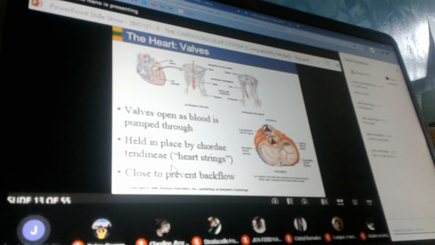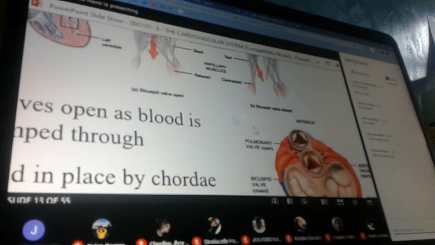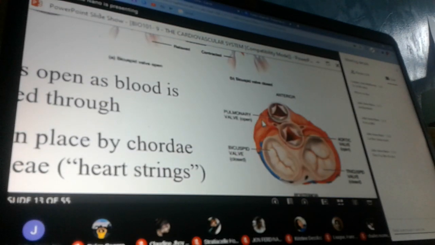So, our valves are held in place by the chordae tendineae. Yung tinatawag na heartstrings. Okay? Heartstrings. So, again, the valve should close to prevent the backflow. So, ito yun siya. Naka-close na valve and then naka-open na valve.